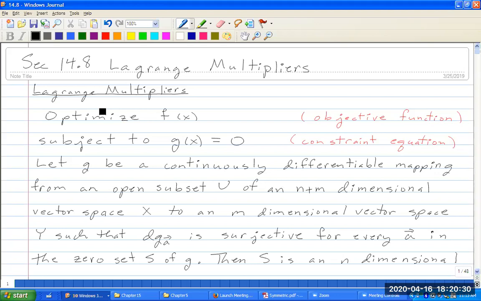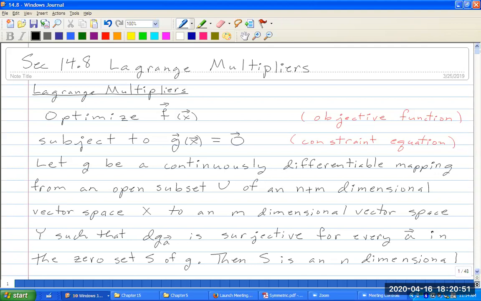I want to optimize some function, let's say of some vector, and let's say that these are some function.